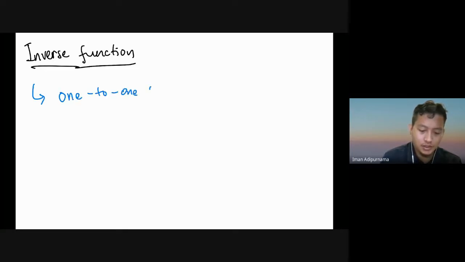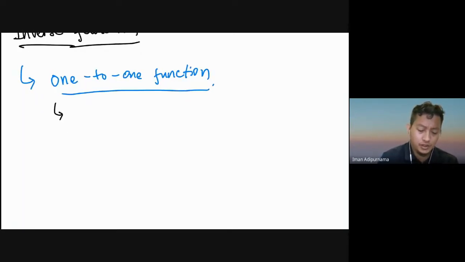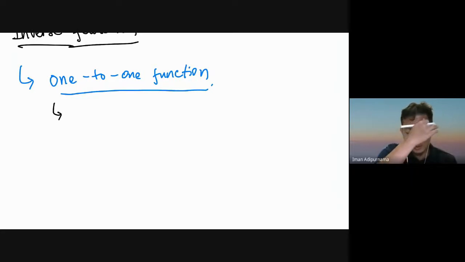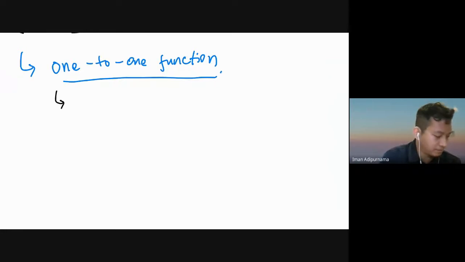The first thing is you need to know what a one-to-one function means. Let me write first, and if you feel you don't really understand, I will make a simple explanation.